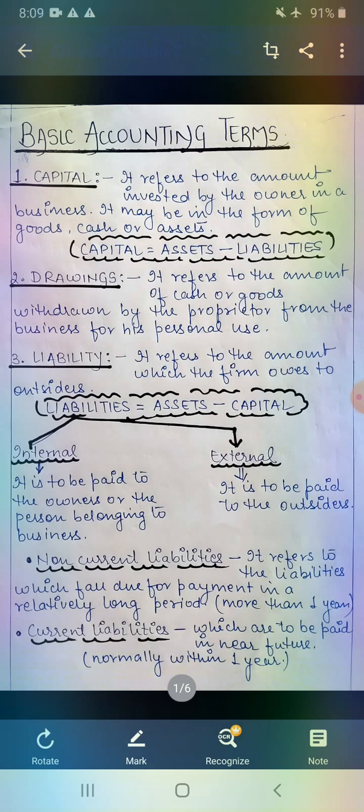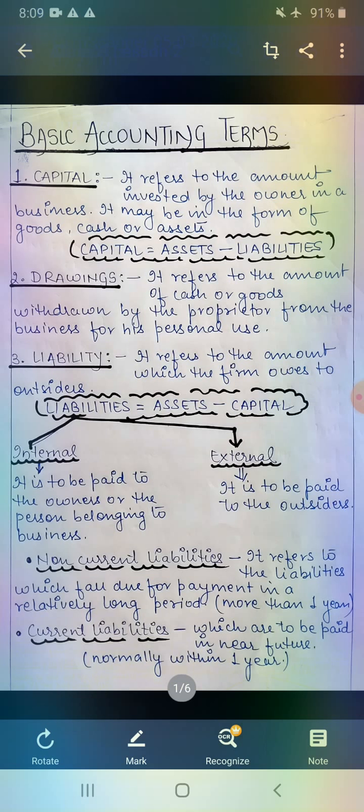So students, apart from internal and external liabilities, liabilities can be categorized again as non-current liabilities and current liabilities. Non-current liabilities are those liabilities which fall due for payment in a relatively long period. A long-term loan, you have taken a loan which is to be repaid in more than 1 year, meaning you have taken a loan and it is to be repaid in 3 years or 5 years.